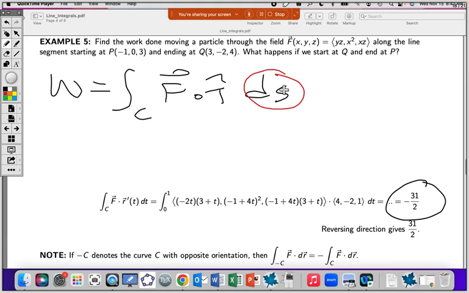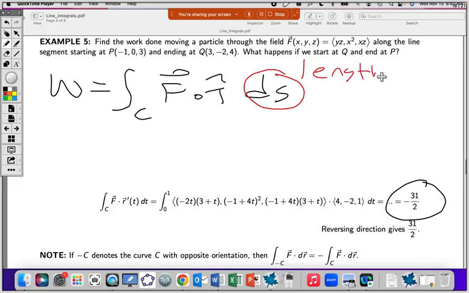It's an arc length, so this is a length.